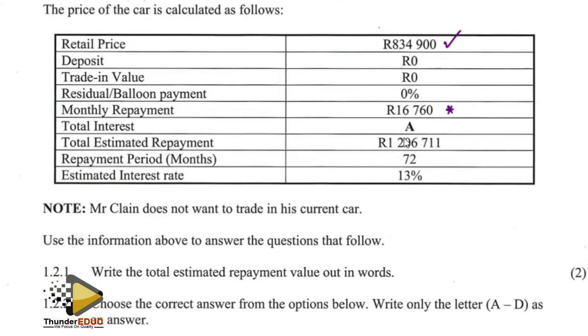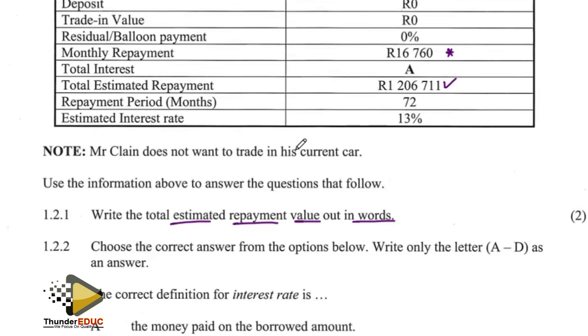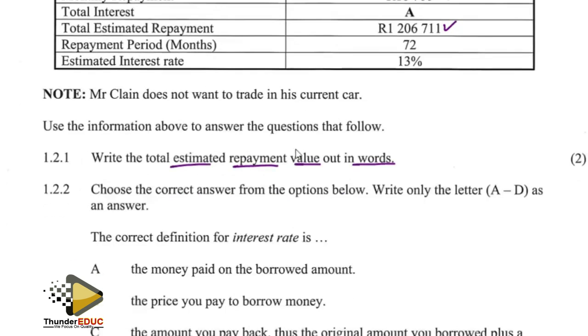They're telling us, write down the estimated repayment value in words. We want it in words. So we come here, total estimated repayment. It's this much. Okay, so the easiest way is to put it into words. This one has 6 values after it. That means it qualifies to become a million.